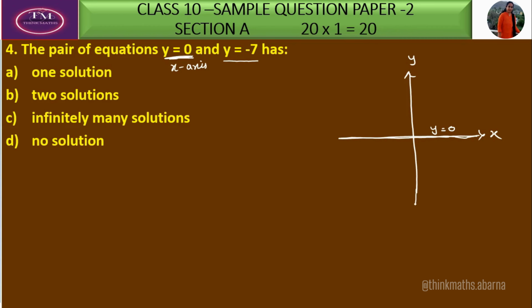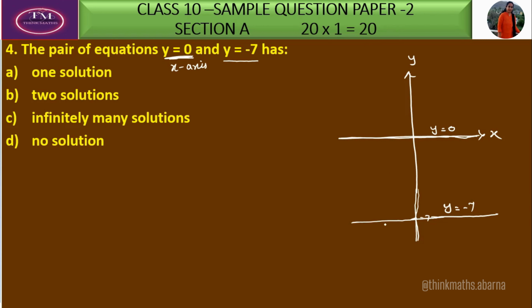So negative numbers will be below. So in the y-axis, the negative numbers will be below. So suppose this will be 1, 2, 3, 4, 5, 6, 7. So negative 7 means y is equal to minus 7. So this is the line. If you check both these lines, they do not intersect because they are parallel lines.